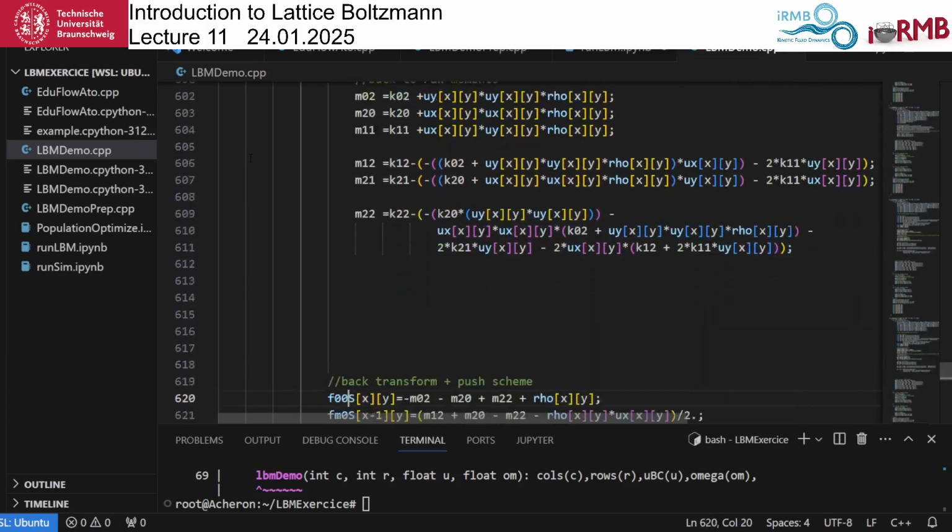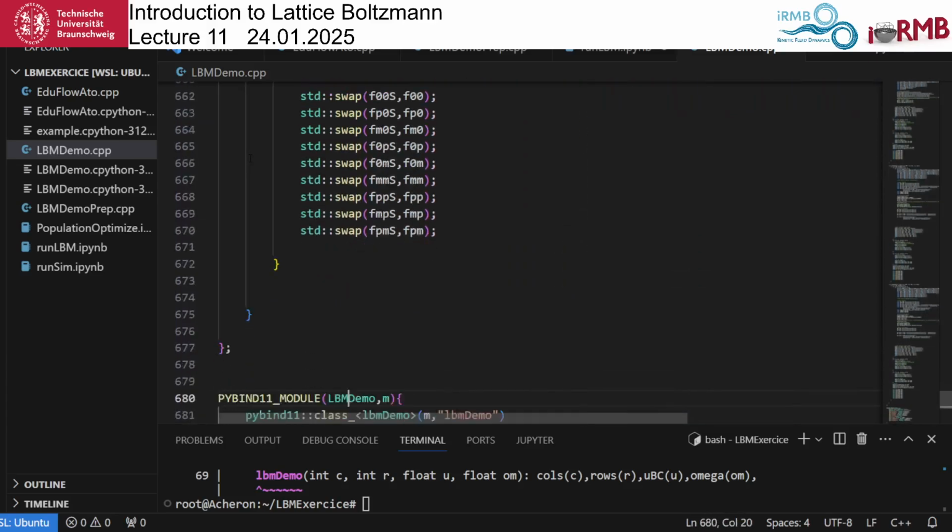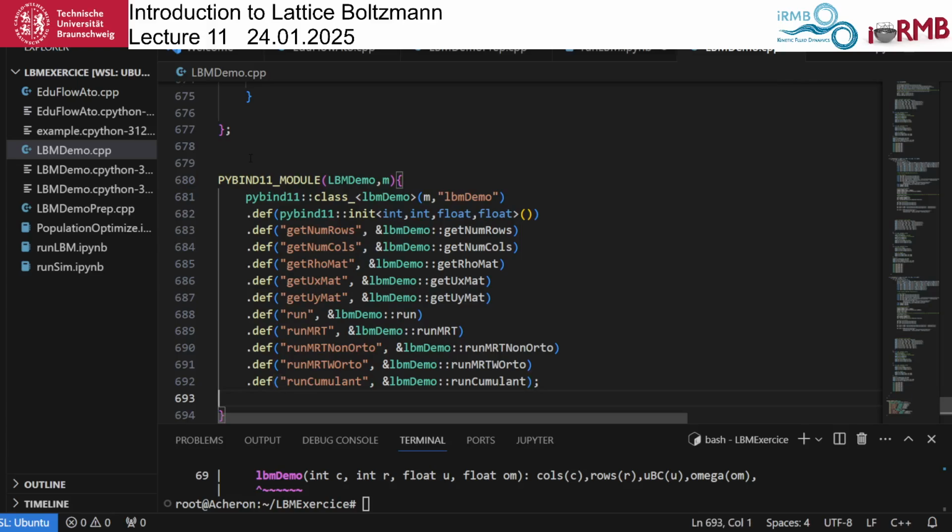So let's do the infrastructure first, and we'll have here another one that we call chimera. So this is the Python bindings, otherwise we cannot execute it.